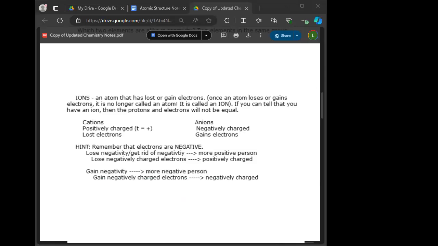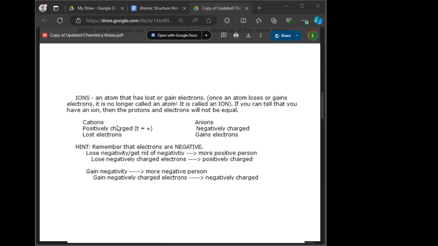This is one reason why talking about the valence electrons beforehand was so important. That's how we figure it out, by looking at the valence electrons. The valence electrons are going to determine if the atom is going to lose or if it's going to gain.